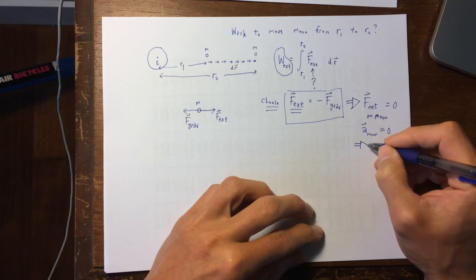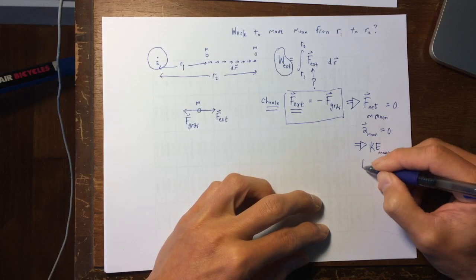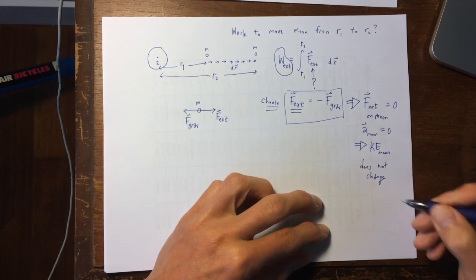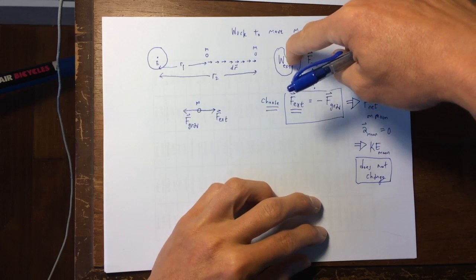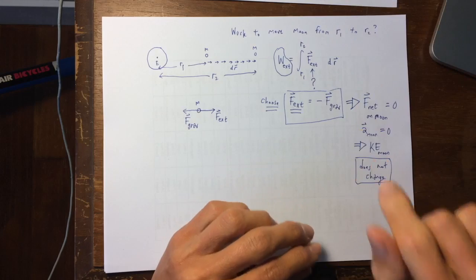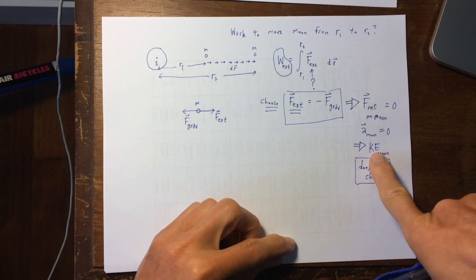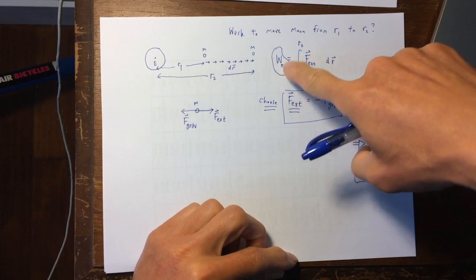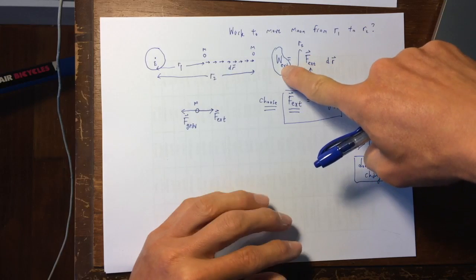And what this implies is that the kinetic energy of the moon does not change in this work process. So this is the point. I don't want to do any work to change the motion energy of the moon. All I want to do with this work is to change the location of the moon. I don't want to change the motion of the moon.